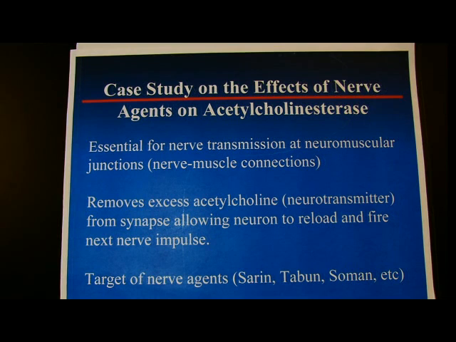acetylcholinesterase is? Yes? Is it related to acetylcholine, which is the main neurotransmitter in your parasympathetic nervous system? Okay, it sounds like you know a lot about this. Good. All right.